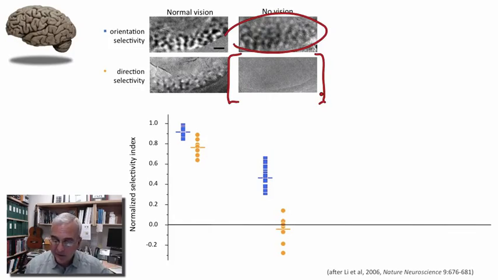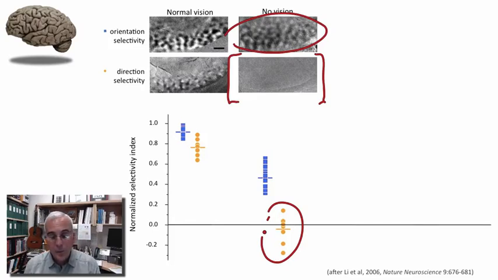In fact, quantitatively speaking, these symbols are clustering around 0, which is equivalent to the absence of a visual stimulus. And this was quite a remarkable dissociation of the development of the circuits that compute direction selectivity from those that are responsible for at least the essential computations that compute orientation selectivity.